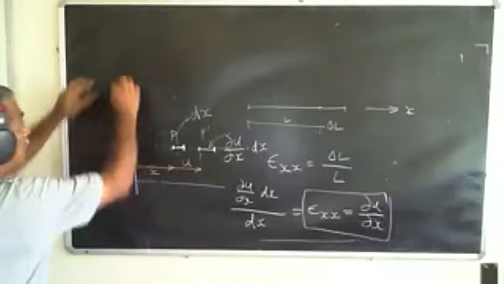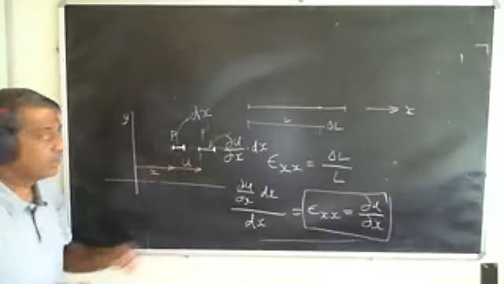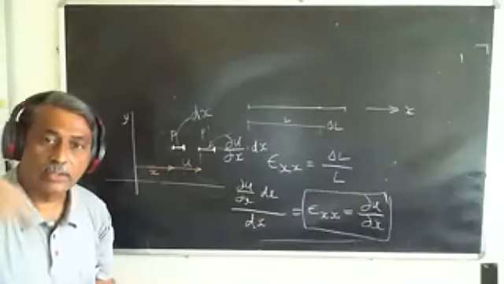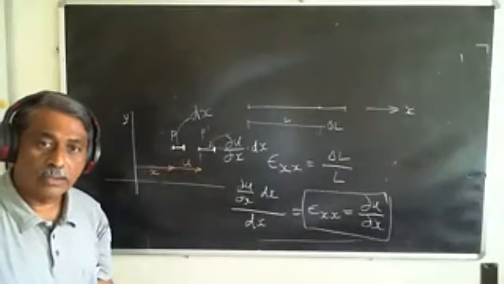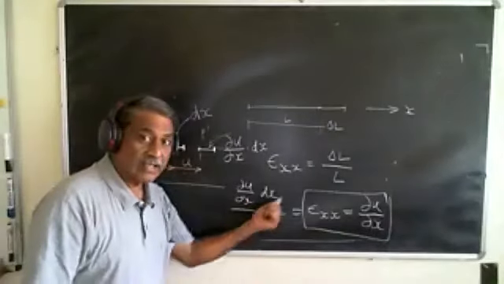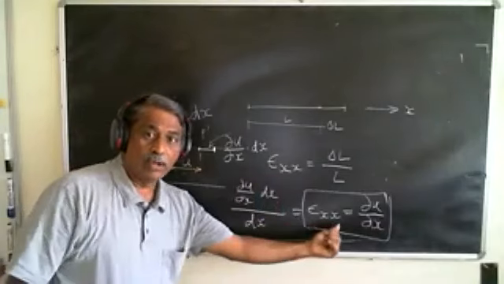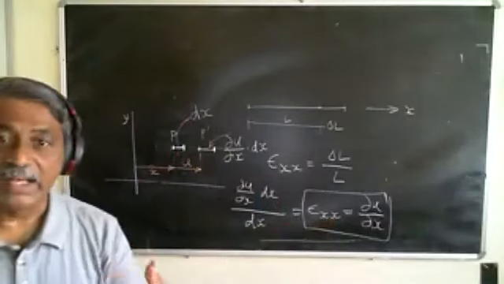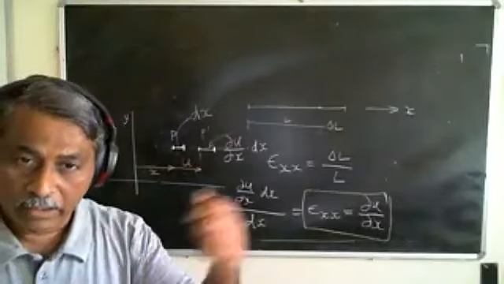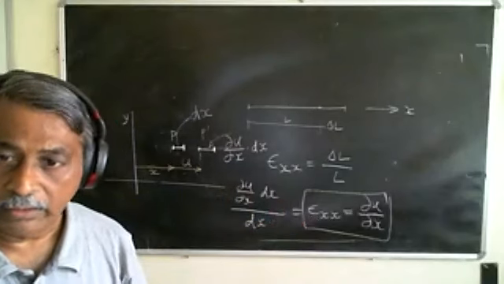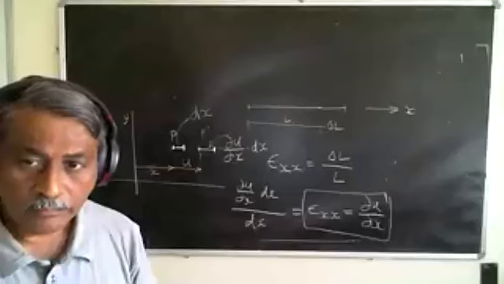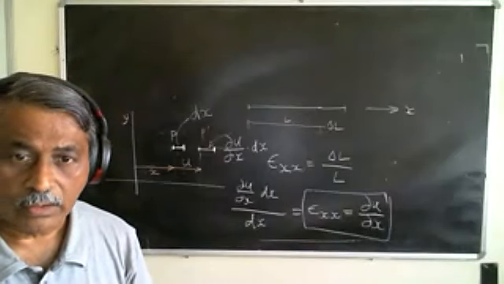It is like a rigid body movement. But as far as this is concerned, there is not only rigid body movement, but there is also an extension that has occurred. Therefore we track that and find out what the strain is, because strain is not related to rigid body displacement, but only the elongation that has occurred in the line element. So far, so good. Is this clear? Any other question?